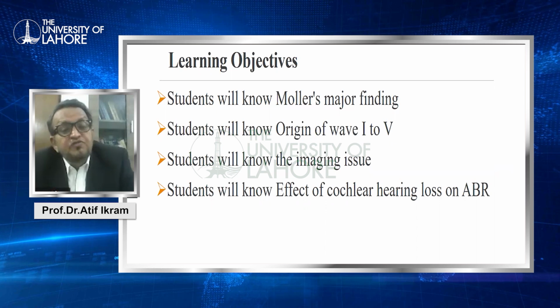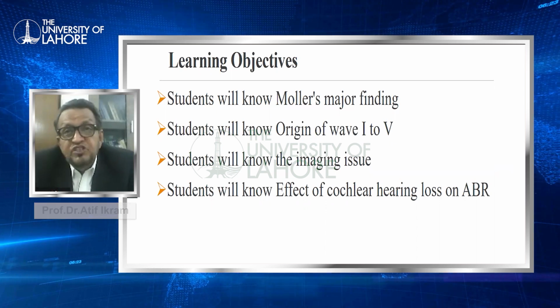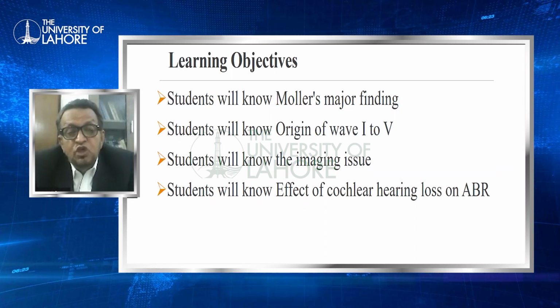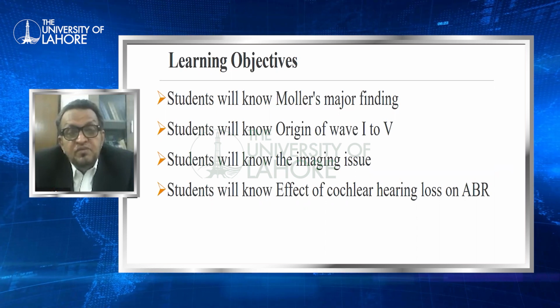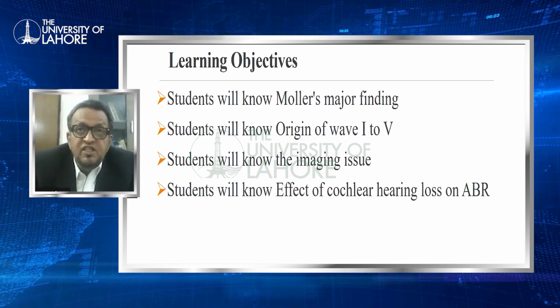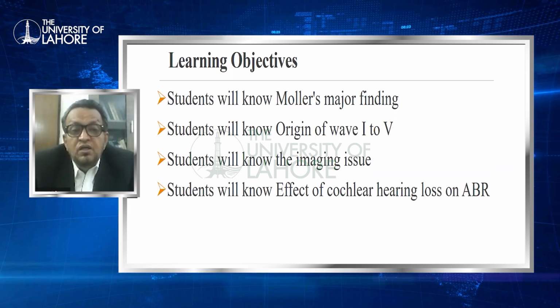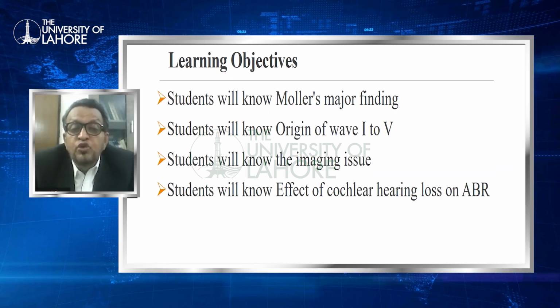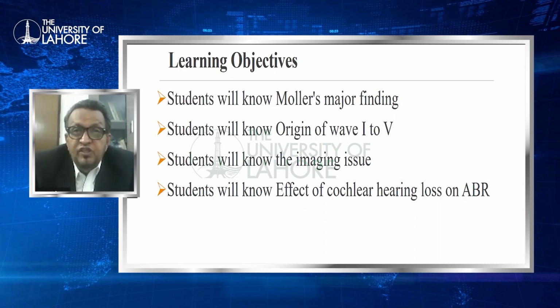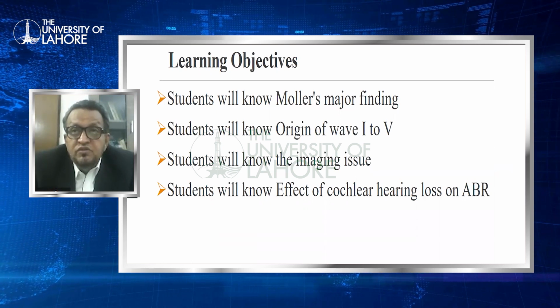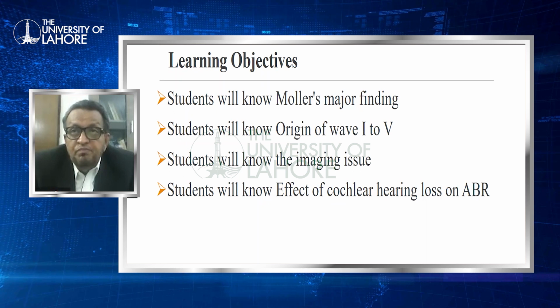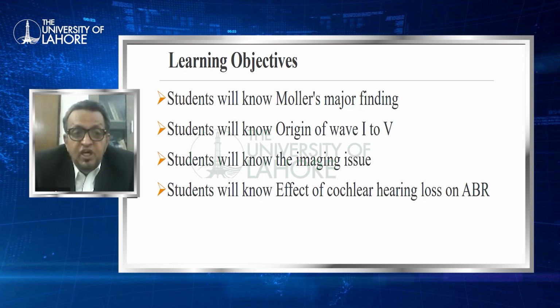The learning objectives of this topic for the students are that they will know Moller's major findings. Students will also know the region of wave 1 to wave 5, which is the most important aspect of the ABR.